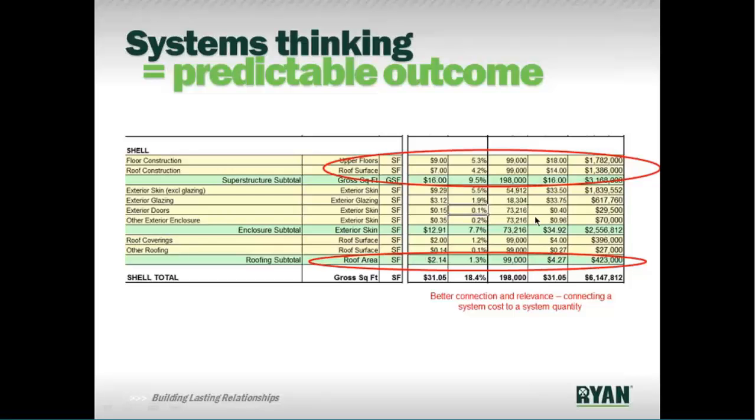Same thing with skin. You can see the disconnects or the differences between these costs as a gross square footage and these costs as a system cost. So the exterior skin at the level 2 is looked at over the entire skin area. So in this case, it's a $35 square foot skin over 73,000 feet.